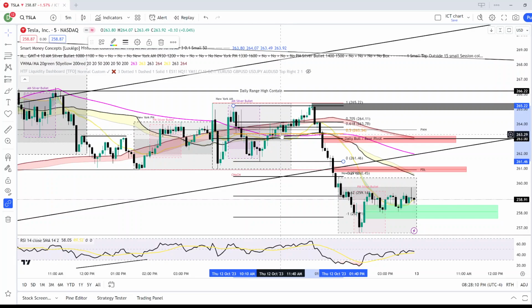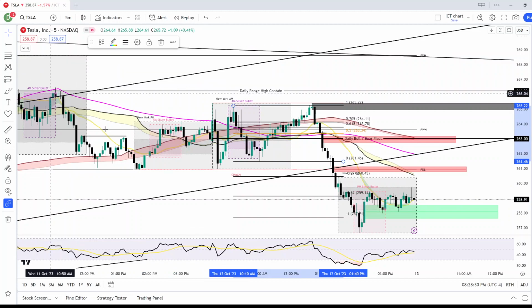I do believe on one of the call outs, because we caught this move, one of the call outs did get stopped on the first attempt, re-entered, and I think it was on a 1-minute fair value gap maybe that I was looking at, but re-entered somewhere down here and caught a nice ride. Had an early exit, didn't run those all the way, I don't think, to the bottom, but congrats if you did. That was a huge trade.